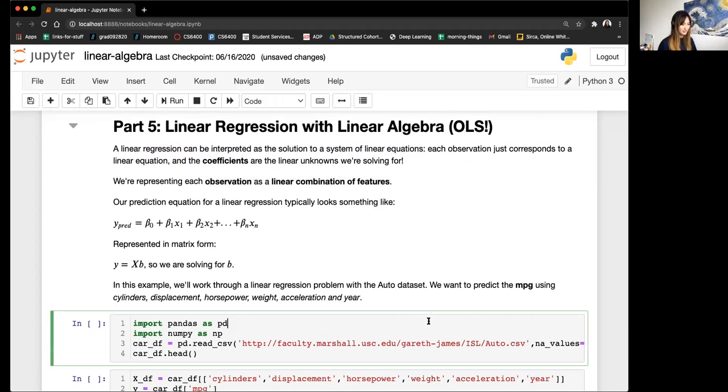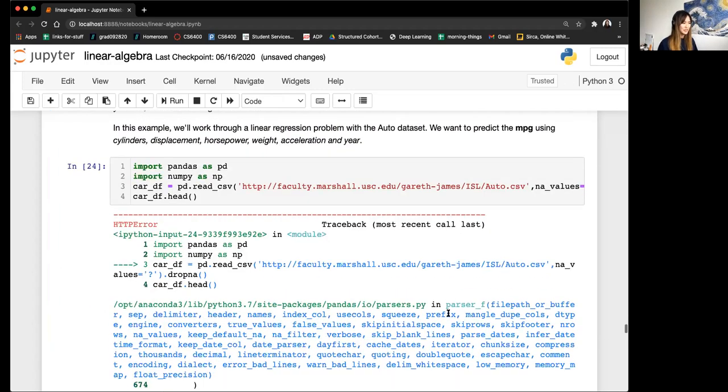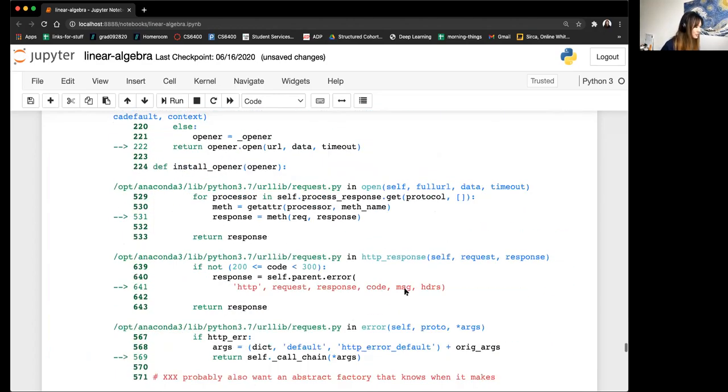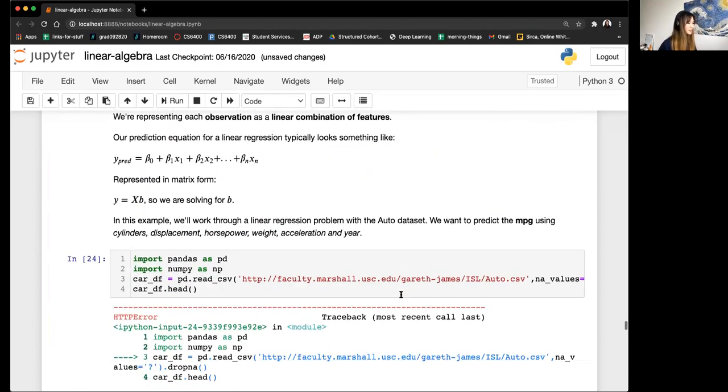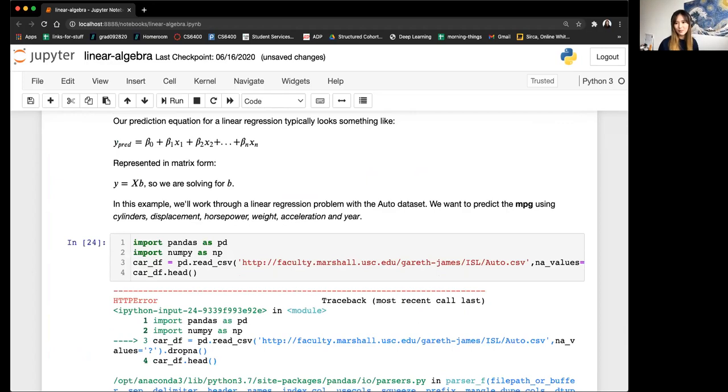So let me actually take this example. This is just one of the car data sets. Oh no, this does not work. Huh, okay, hold on. I have this somewhere. Let me just really quickly put this data frame in. Sorry about that. It has been a little while since I've run this notebook.